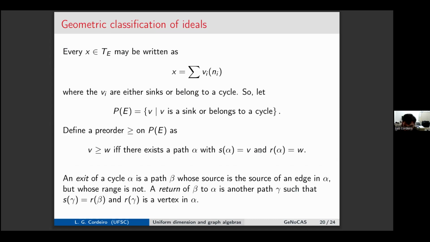Okay. So our final results give us a geometric classification of the ideals of the talented monoid, or maybe not so much a classification, but as much as we could reasonably expect to get. So first we notice that if E is a finite graph, then every element of the talented monoid may be written as a sum of vertices indexed by integers, which are either sinks or belong to a cycle.